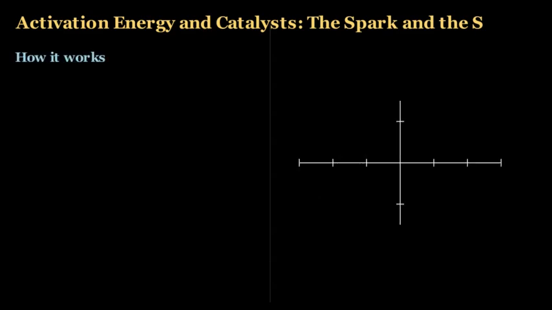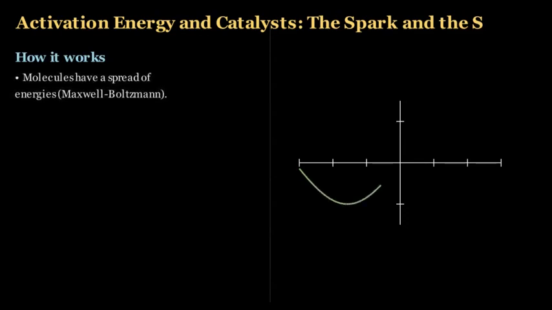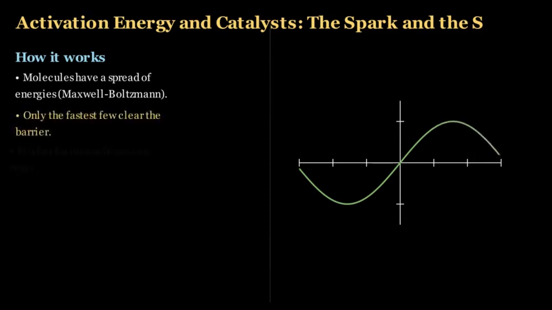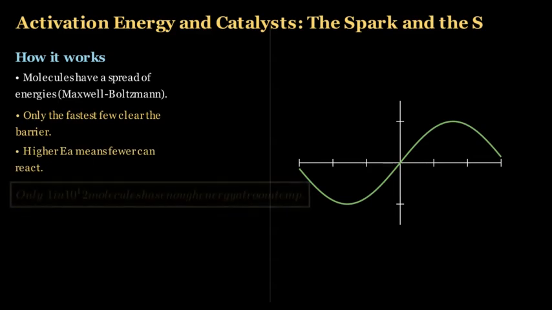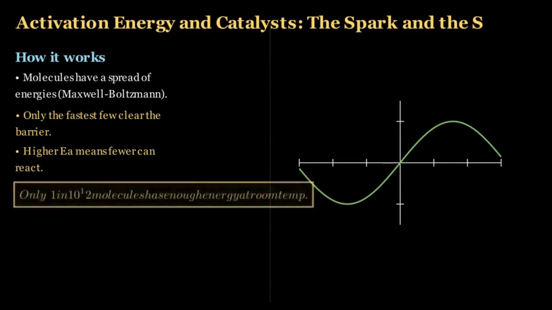Now, not every molecule in your wood is moving at the same speed. In any sample, there's a whole spread of kinetic energies. Some are slow, some are fast, most are somewhere in the middle. This spread is called the Maxwell-Boltzmann distribution. Picture it as a lopsided bell curve. The activation energy is a vertical line drawn on the right-hand side.